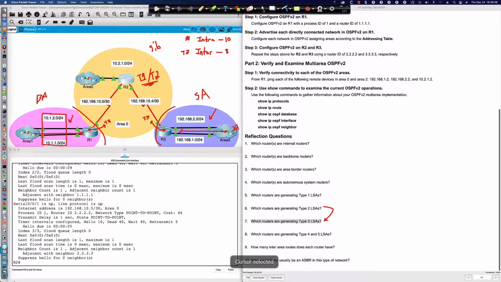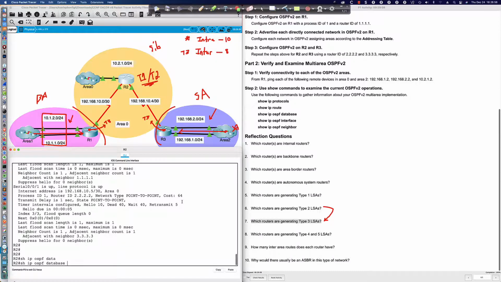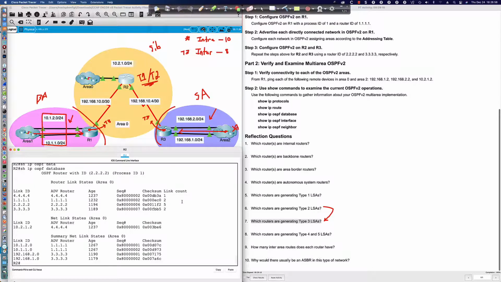The type 3 LSA is the summary LSA, and we're on router 2 here, and let's say show IP OSPF database. Let's look at the summary net link states that are seen in area 0.